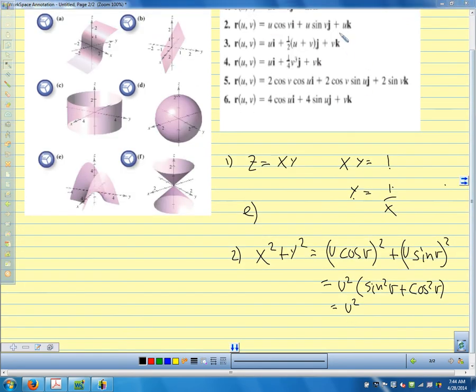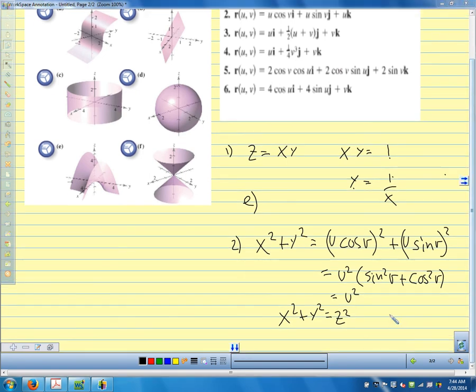And u squared is z squared. So we have x squared plus y squared equals z squared. And what is that? That's a cone. So this would be F. So you're on the right track, Josh. That relationship was there. It was just that the z squared ended up on the wrong side of the equation, the sphere.